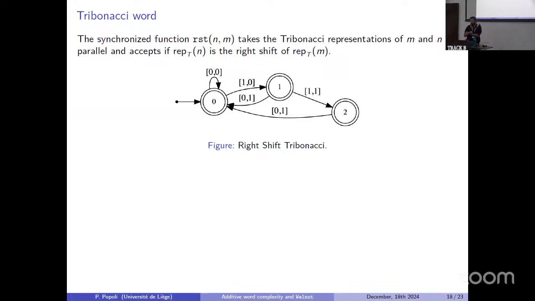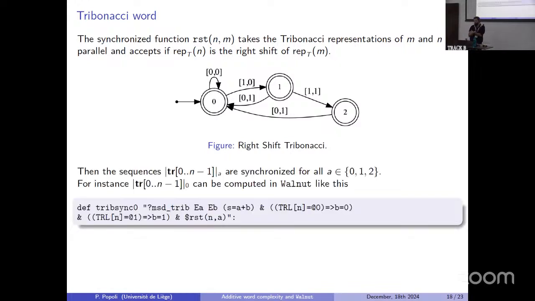If I want an automaton for the shift, this is the function RST, right shift Fibonacci. It takes m and n, and it accepts if and only if n is a right shift of m. So you can check that this works, and then you can compute the number of a specific letter in a prefix of length n.